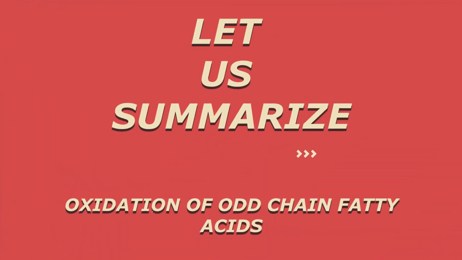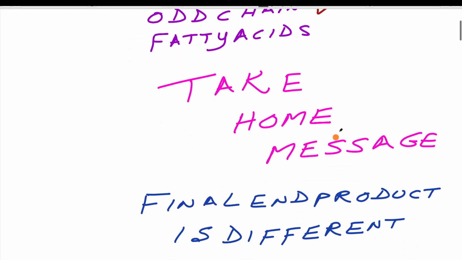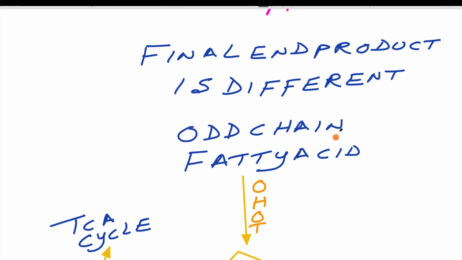In the series of lectures, we have discussed oxidation of fatty acids. In this session, we have discussed oxidation of odd chain fatty acids. Let us sum up. The final end product in even chain fatty acids and odd chain fatty acids is different. One is the same, that is acetyl coenzyme A. The second one is different in odd chain fatty acids.